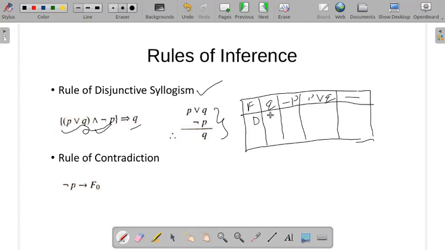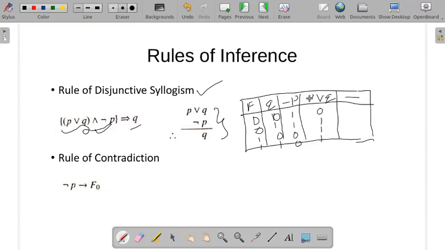So we'll write the truth values 0 0, 0 1, 1 0, 1 1. So negation P will be 1 1 0 0. So what will be P or Q? It's an OR, so we have 0 1 1 1. So let's write the compound proposition here.